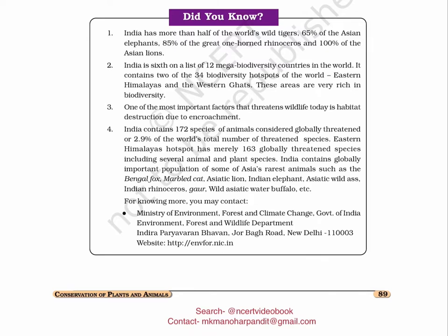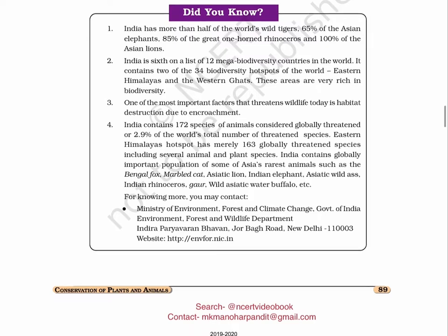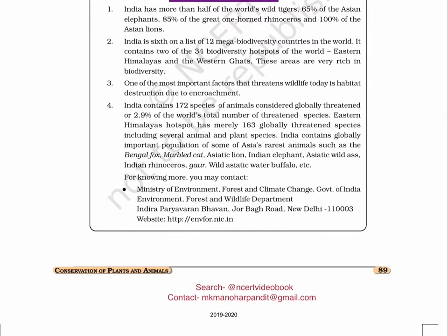Eastern Himalayas hotspot has merely 163 globally threatened species, including several animal and plant species. India contains a globally important population of some of Asia's rarest animals, such as the Bengal fox, marbled cat, Asiatic lion, Indian elephant, Asiatic wild ass, Indian rhinoceros, gaur, wild Asiatic water buffalo, etc.